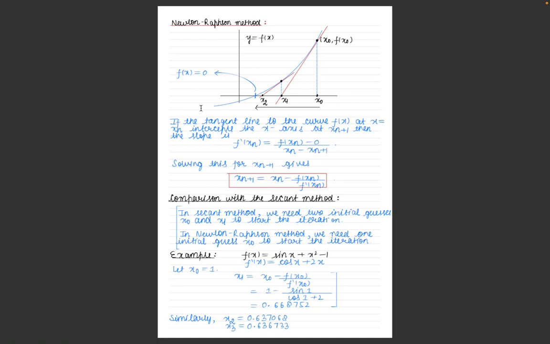So we need two initial guesses, x0 and x1, to start the iteration.